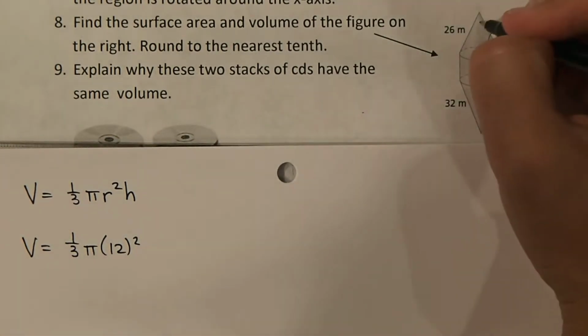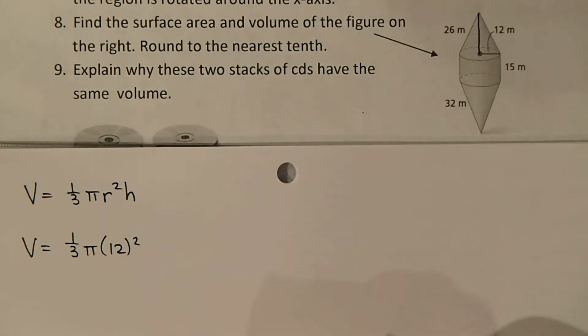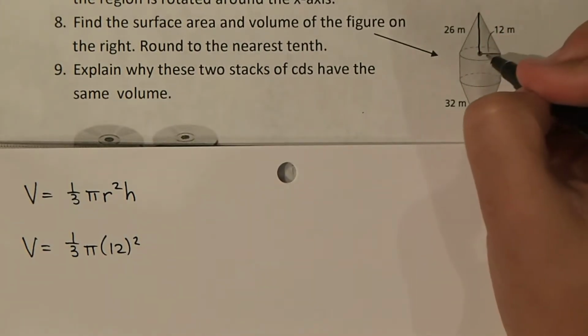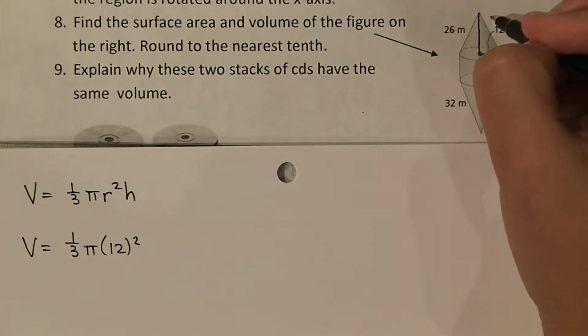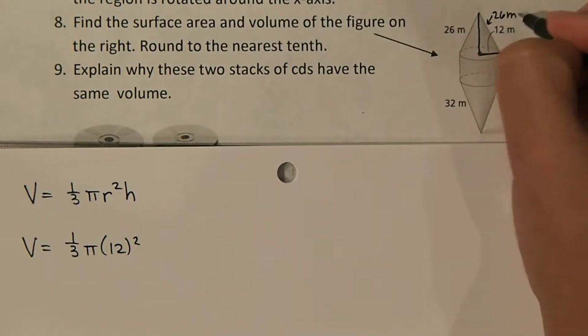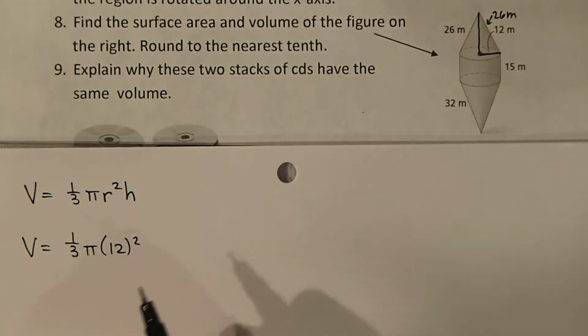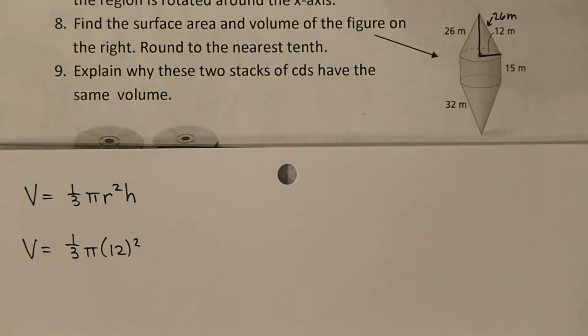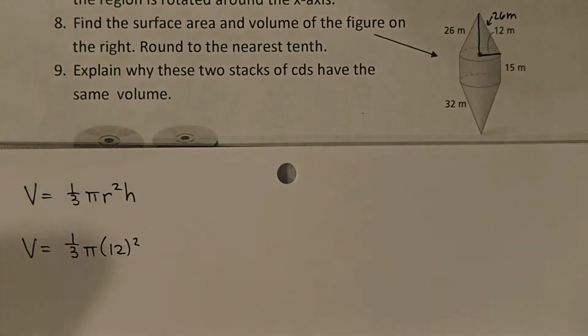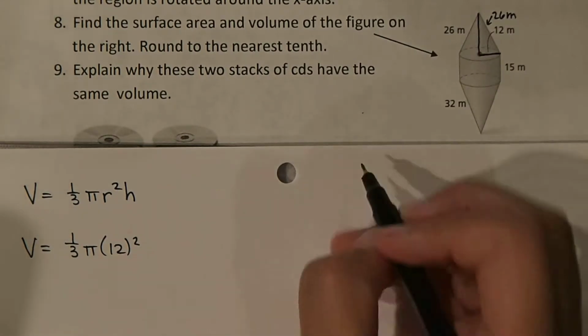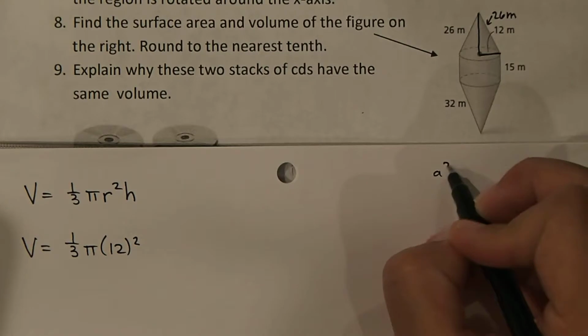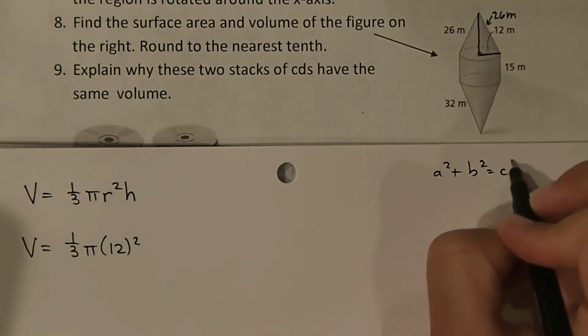So I'm going to make a line here representing the height. We know this is 12. We know this is 26 meters. So I'm going to do a quick Pythagorean theorem to find the missing height here. So a squared plus b squared equals c squared.